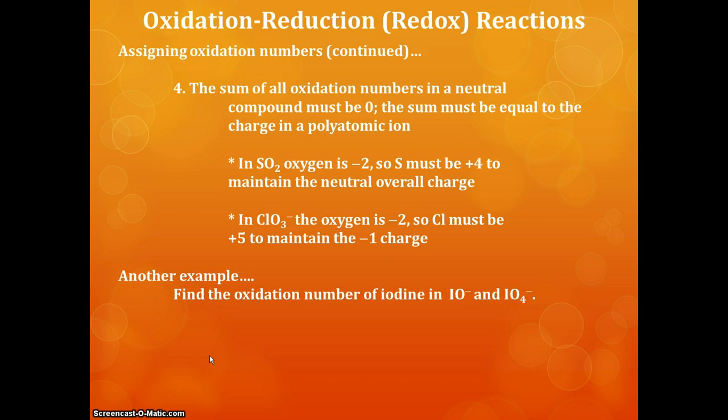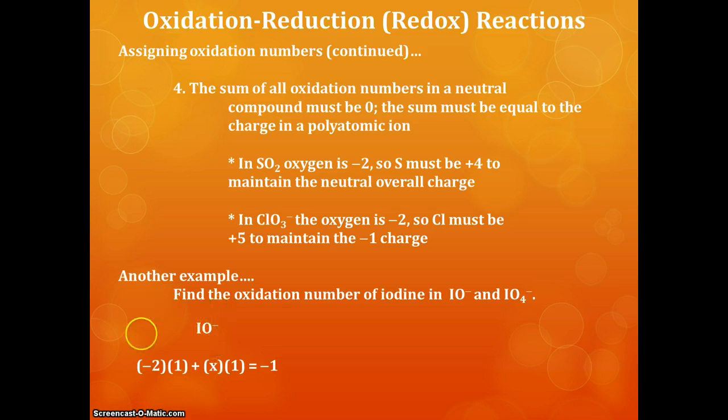Some other examples: we're going to find the oxidation number of iodine in hypoiodite and in periodate. So in hypoiodite we have an iodine and an oxygen, and we want to apply the rules that we saw before. We know that oxygen is always -2 unless it's in a peroxide or bound to a fluorine. Well, in this case it's not in either, so we're going to assign it a charge of -2.